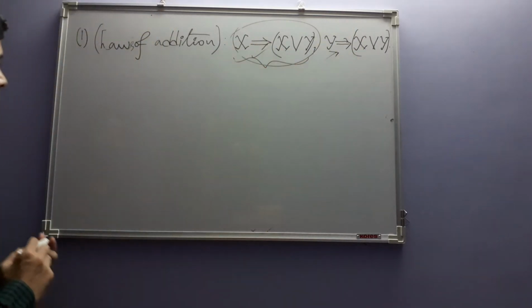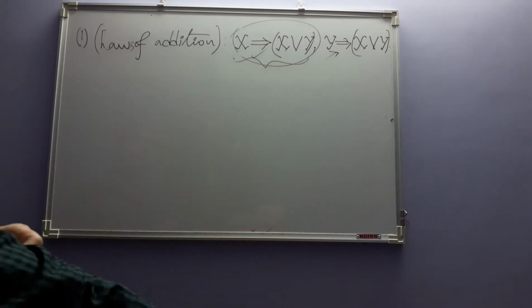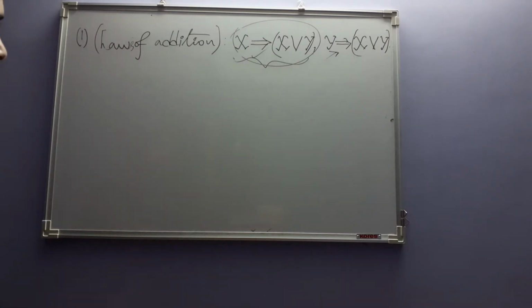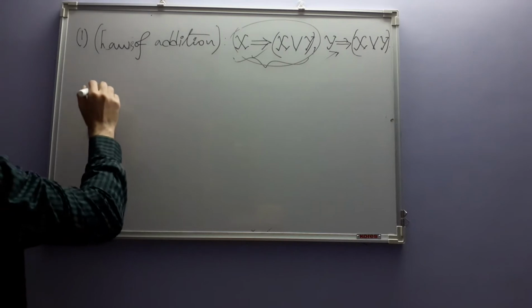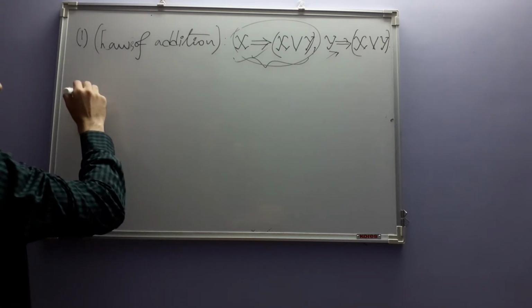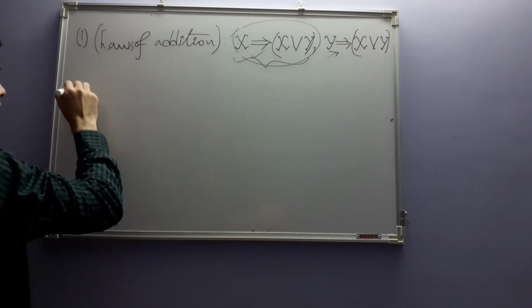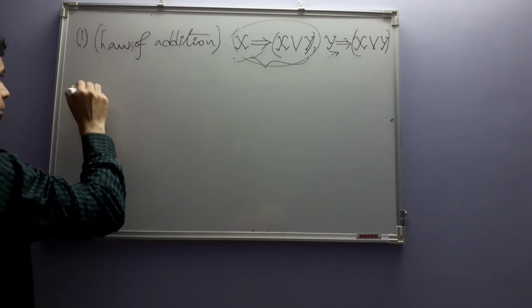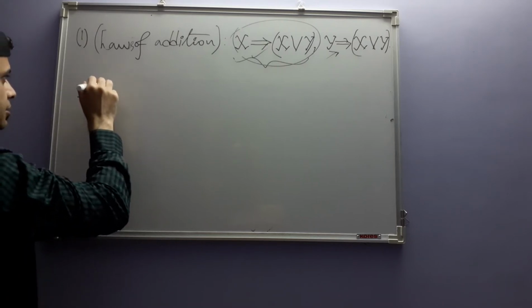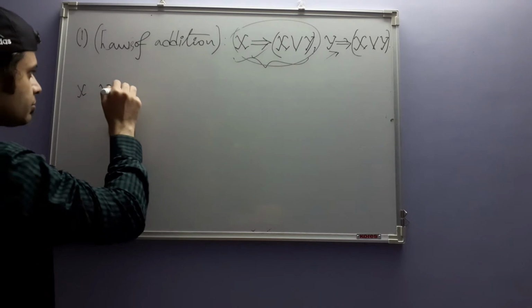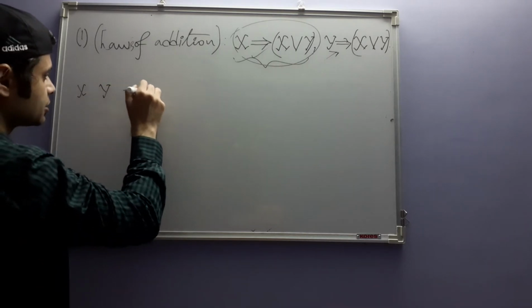Same thing. Now finally we come to the main important law. This is rather important. The law of contrapositive. Now its proof involves a lot of statements, right? So x is there, we need y. We need negation of x.